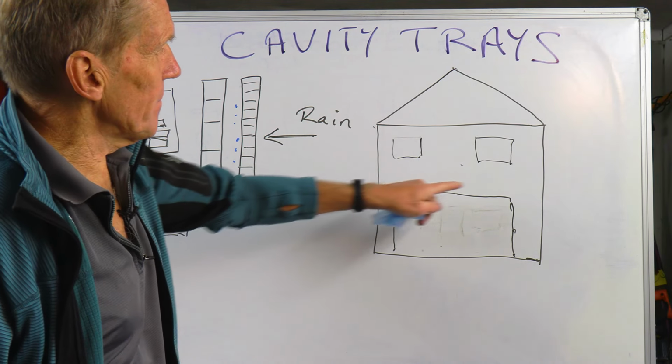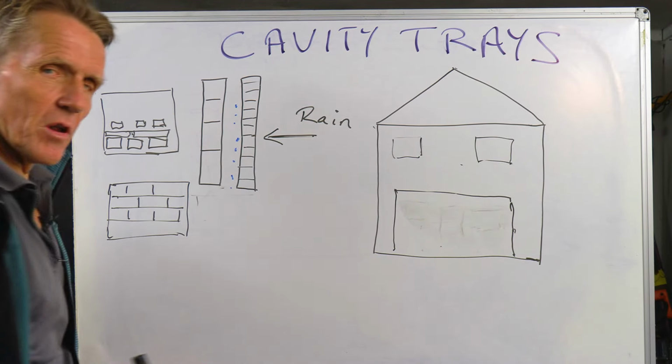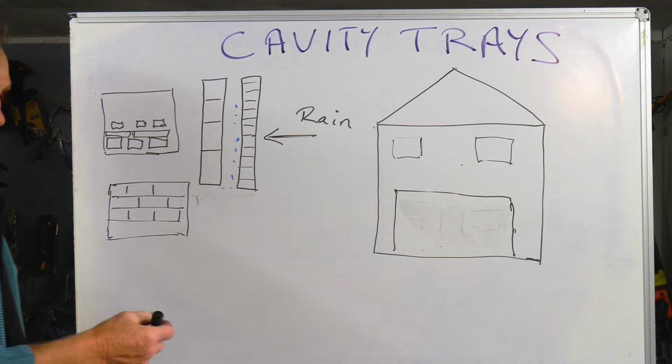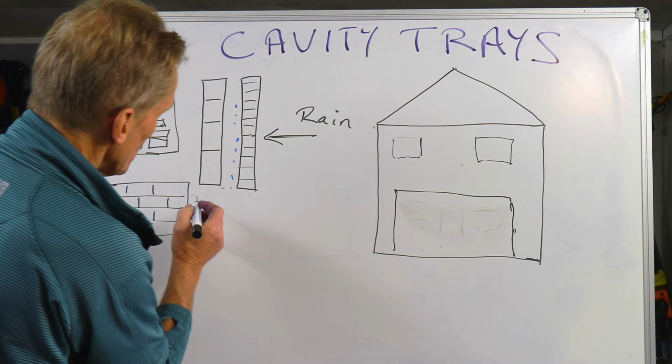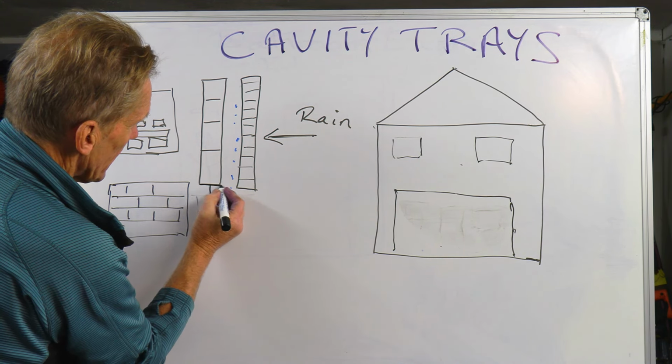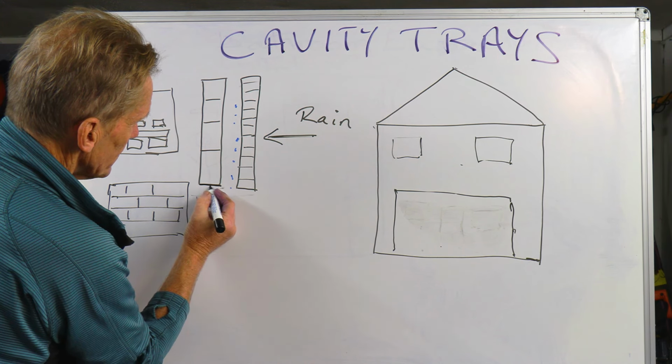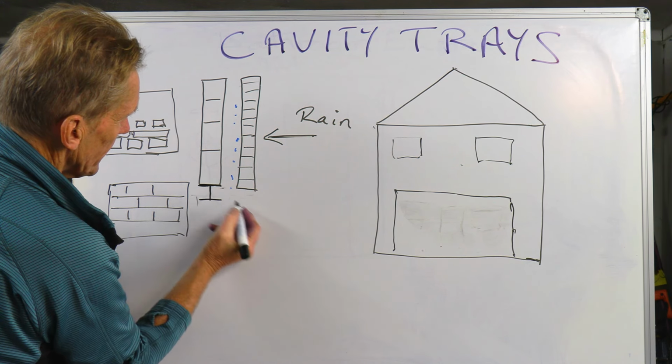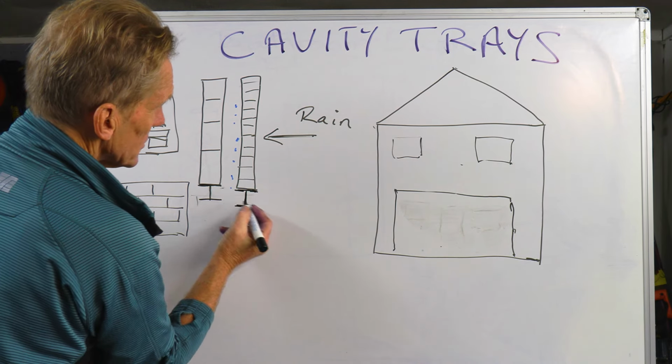And they do that by putting in a couple of what a lot of people call RSJs, or steel beams, universal columns, whatever you want to call them, and those go under the wall like that. So one of them's like that, like an I-beam if you like, and then there's another one there to support that wall.